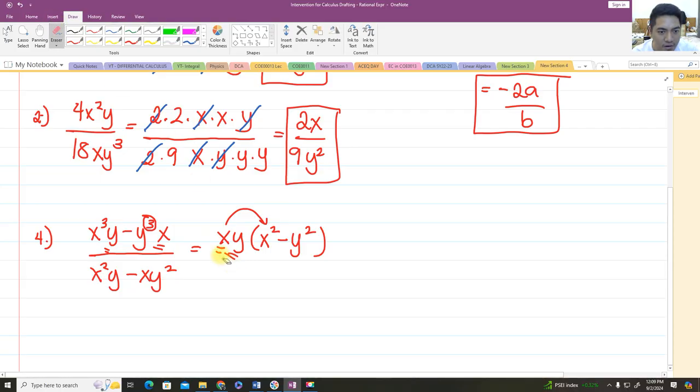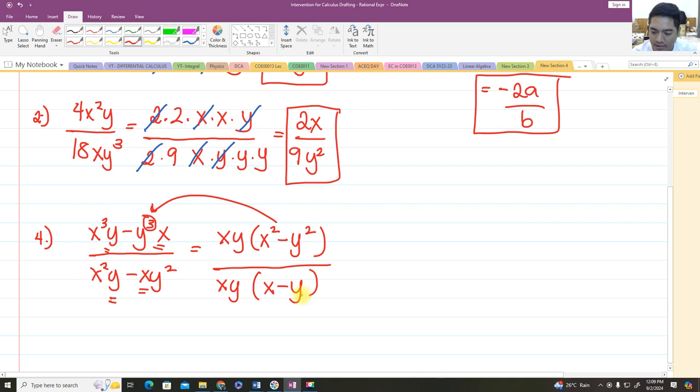If I distribute, this will result in the original. I simply factor it out using the greatest common factor. So on the numerator or the denominator, I can factor x and y. So you have xy, and then x minus y here.